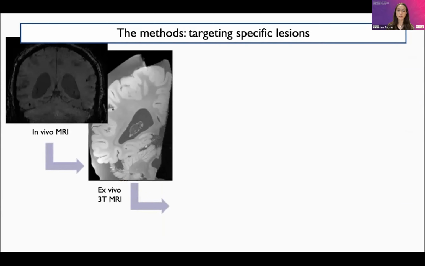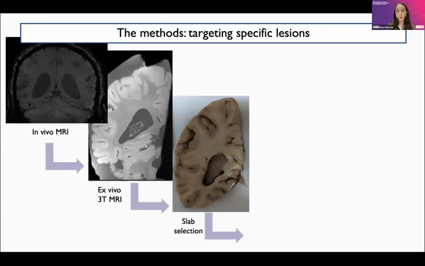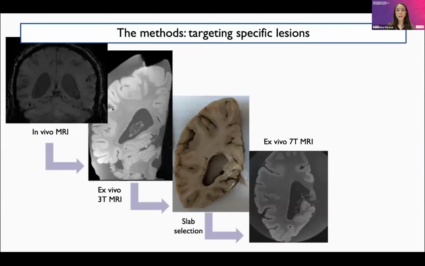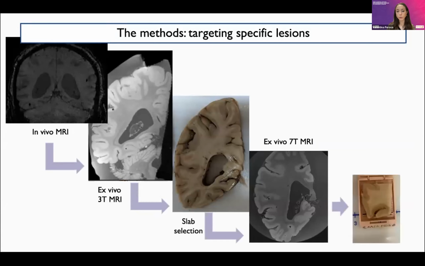In this case, for instance, it's a microhemorrhage that you can see, which is hypointense, so black, in the cortical ribbon. And then we find back this slab in the pathology where this lesion is probably located. And then we also perform neuroimaging again at 7 Tesla MRI so that we have an even higher resolution and an even better localization of the lesion that we want to look at.